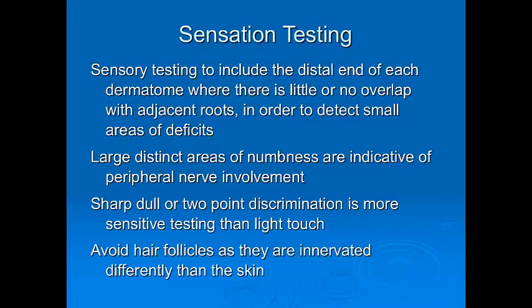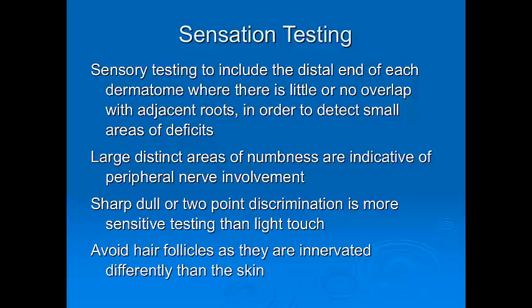In sensation testing, we want to make sure that we pay particular attention to the distal end of each dermatome, where there's very little overlap between the dermatomes. A nerve root injury will be best detected here and usually results in a small, indistinct deficit at that distal end of the dermatome.